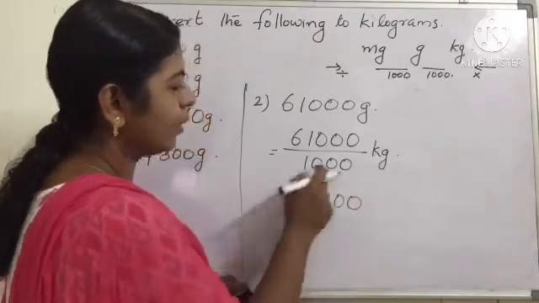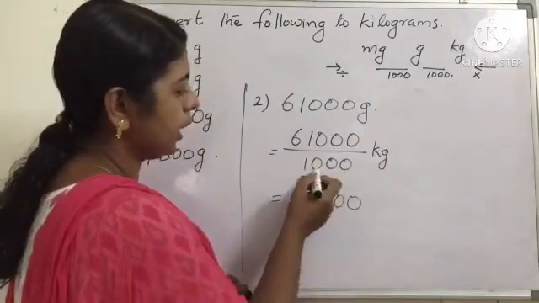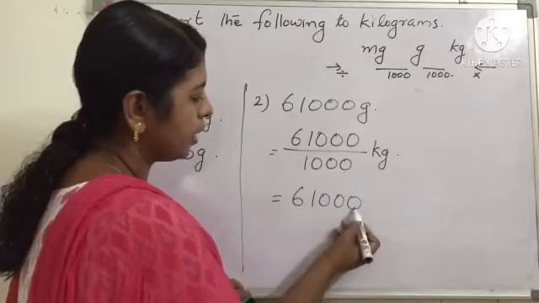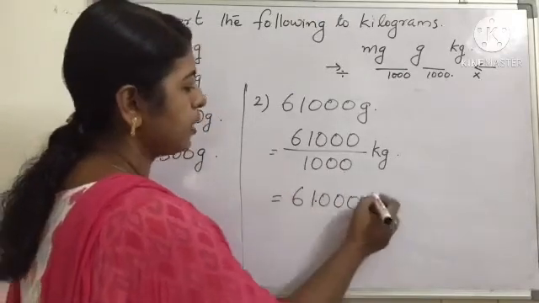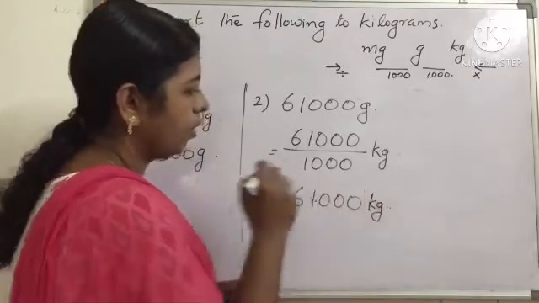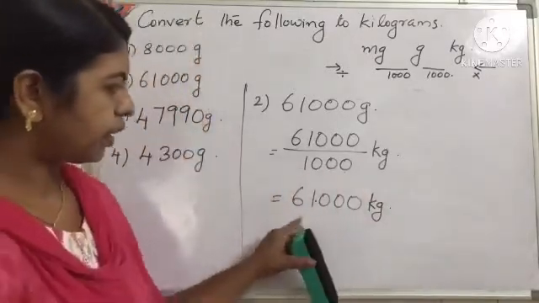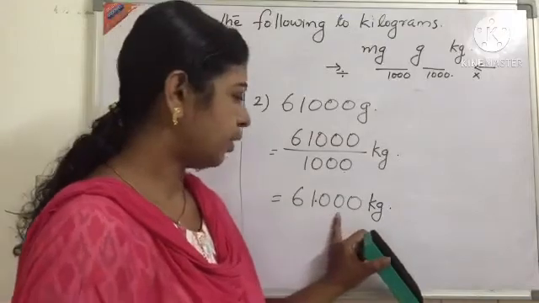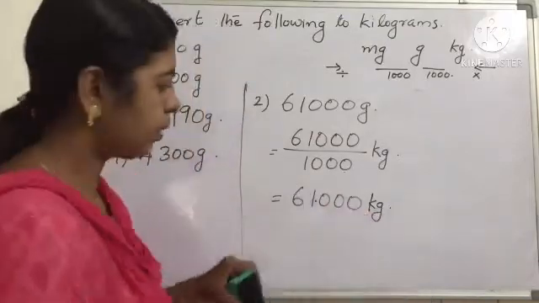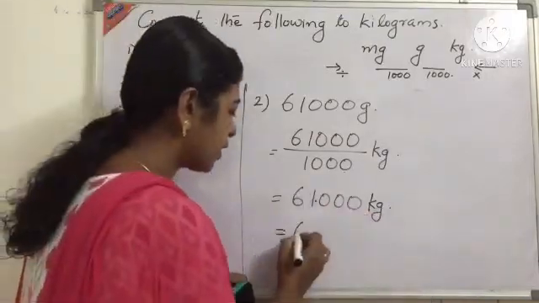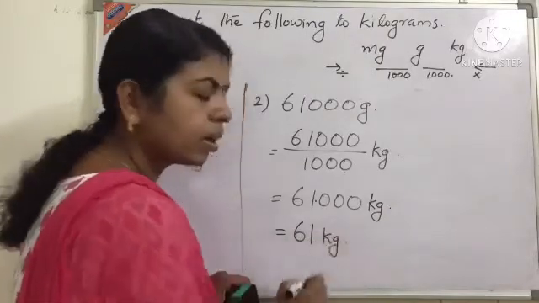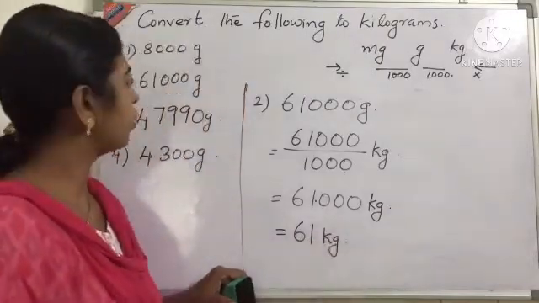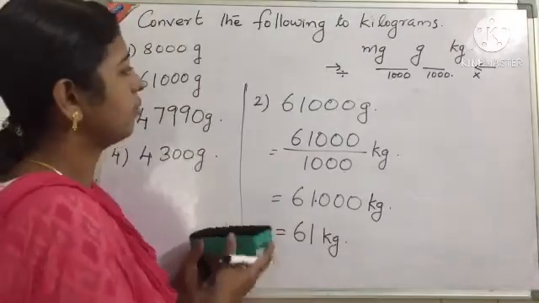Divided by 1000 means 1 2 3 from right to left, 3 digits. Here we want to give the decimal point. Then 61 point, then all are 0, so we can avoid that part. So it's equal to 61 kilogram. Clear? Now we can go to the third question.